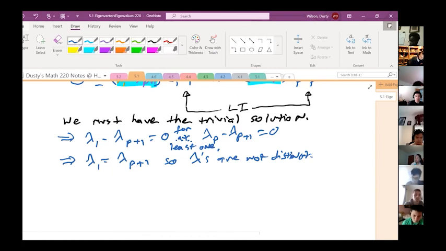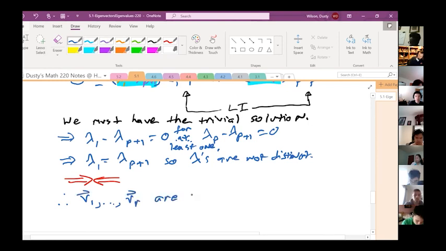Yay. We supposed that they were distinct, so it's a contradiction. Therefore, v1 to vr are linearly independent.